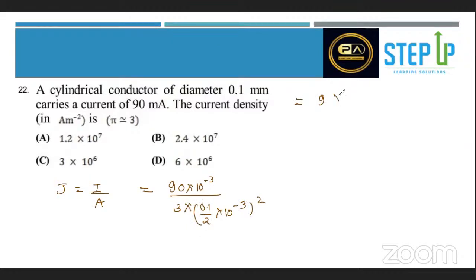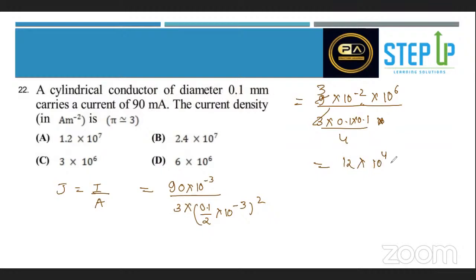So here it becomes 9 times 10 raised to minus 2 over 3 into 0.1 upon 4 into 10 raised to minus 6. We bring it up here as 10 raised to plus 6. Basically 3, and then I have 12, so 12 times 10 raised to 4.